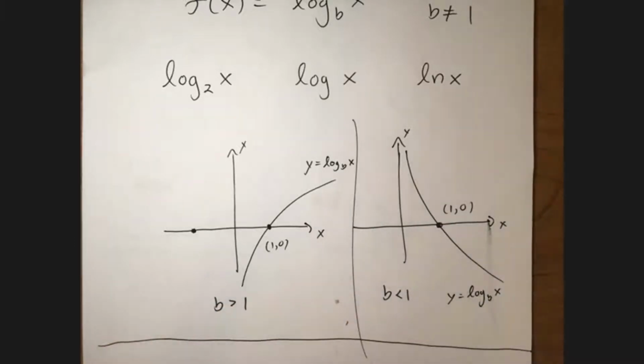Because logarithmic functions are the inverse of exponential functions, when I plug one into the other, they cancel each other out. Just like if I take the cube root of x cubed, I get x. Or if I take the cube of the cube root of x, I get x.